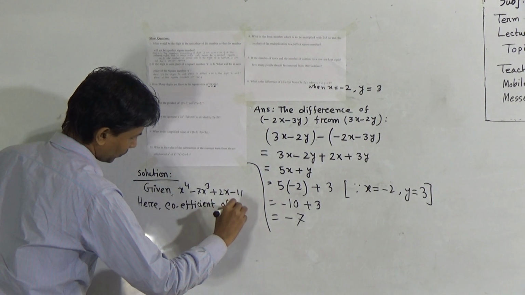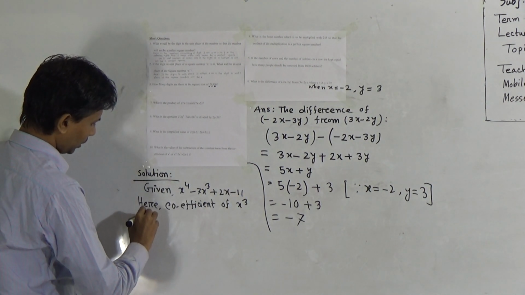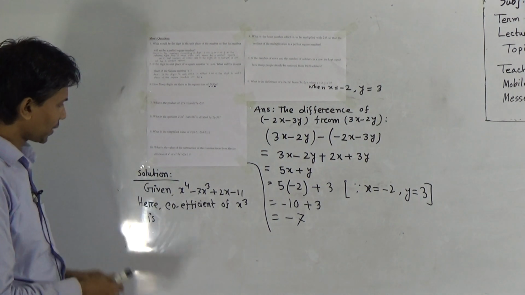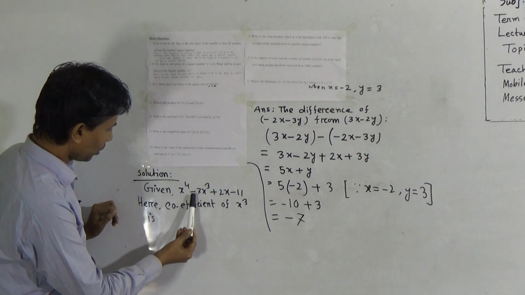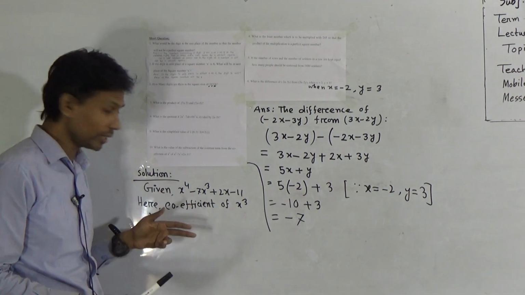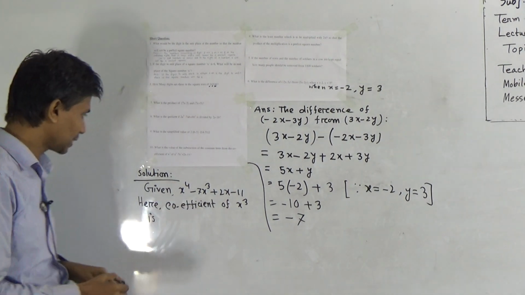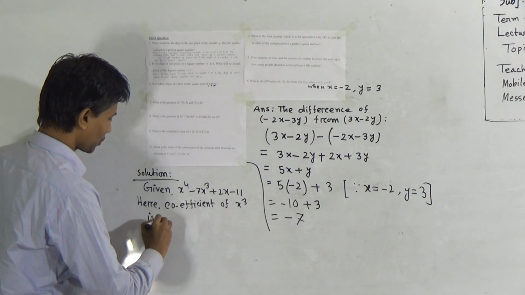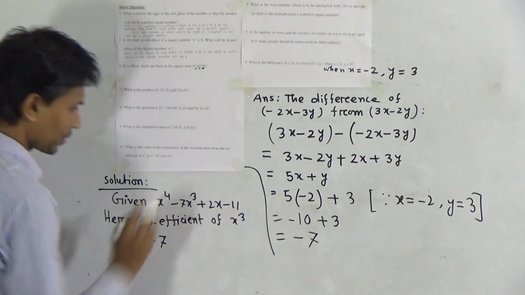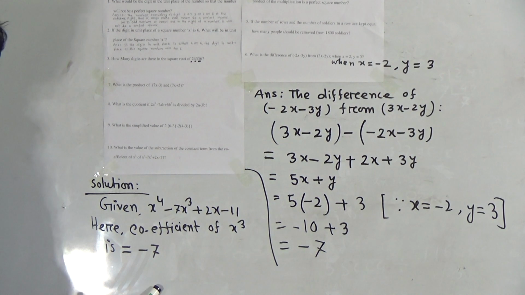Coefficient of x cube, you see here minus 7, because minus 7 is attached with x cube and x is the variable, so minus 7 is the coefficient of x cube.